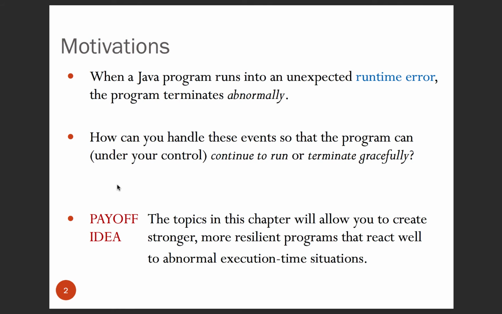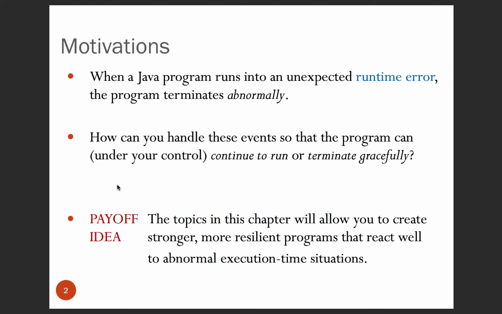When a Java program runs into an unexpected runtime error, the program terminates abnormally. What does it mean? When you write a program, you probably have some errors. Our compiler detects those errors, then we fix them, and we have a program that can be run. But there are some situations where the compiler cannot detect mistakes, and those mistakes arise when we run the programs.